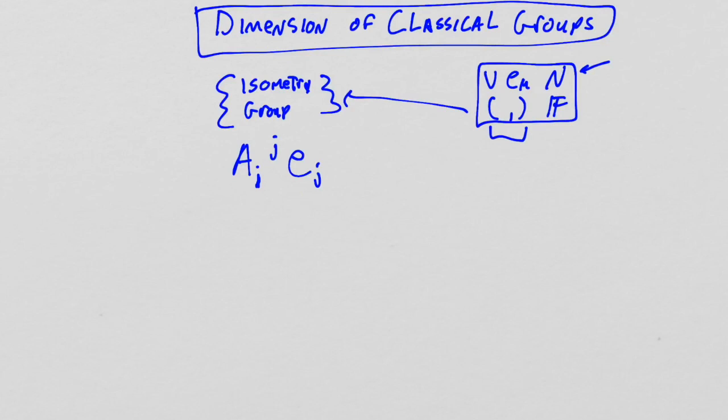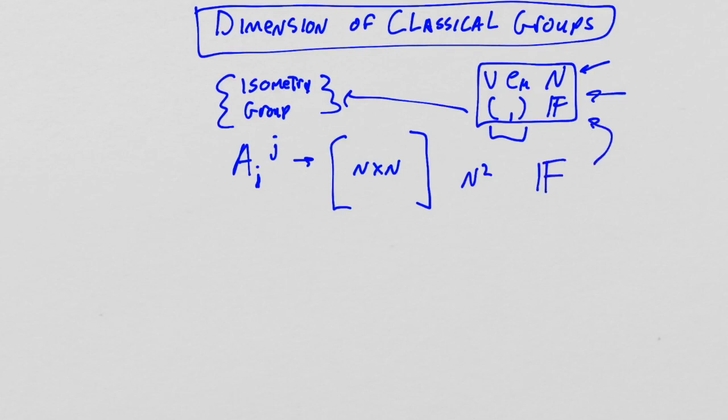I hate to go all the way back to that stuff, but we're going to talk about A^i_j as a matrix element. And we know that if this is a basis transformation of an n-dimensional vector space, this is going to be an n by n matrix, right? And therefore, it will have n squared elements, right? n squared numbers, each of which is drawn from the underlying field F, right?